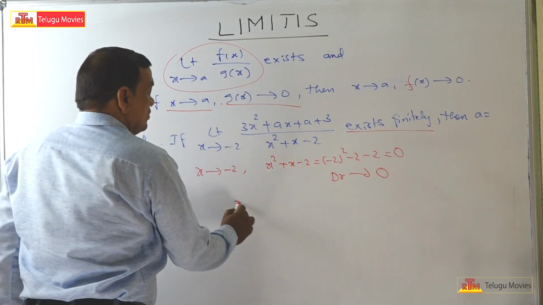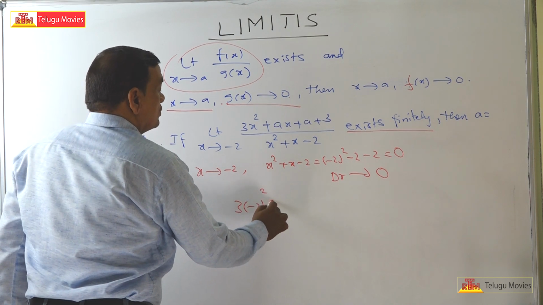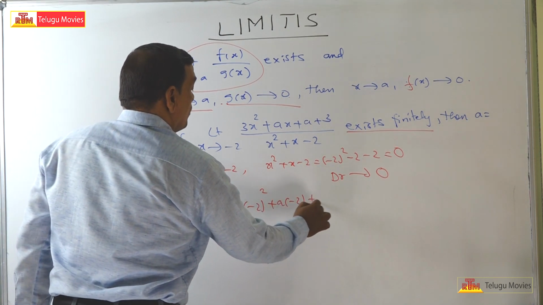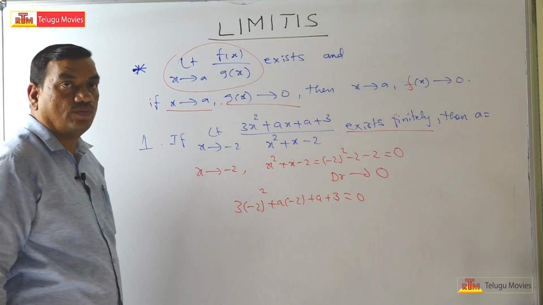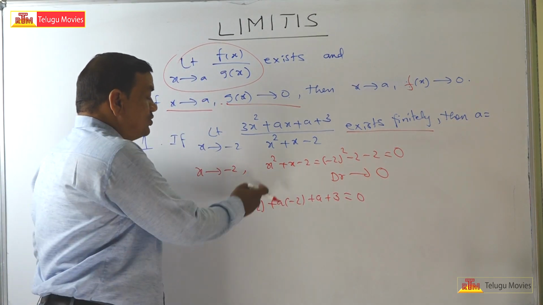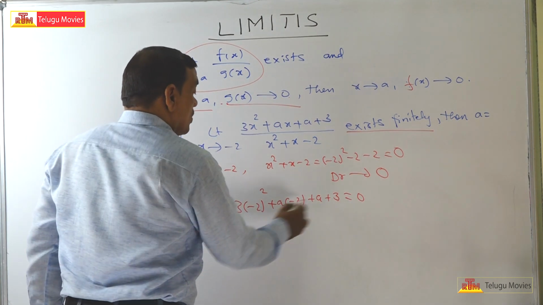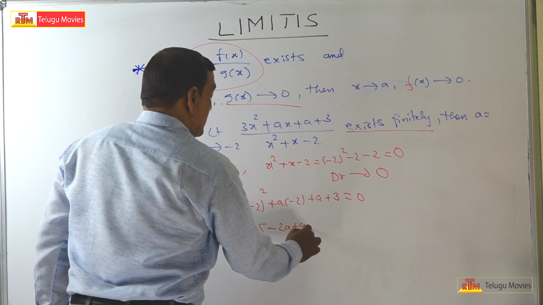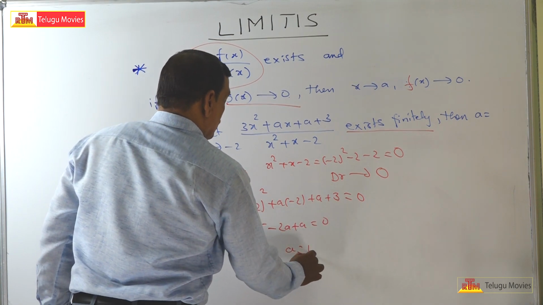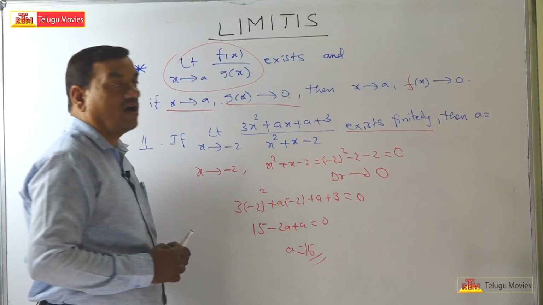That means 3 into minus 2 whole square plus a into minus 2 plus a plus 3 is also 0. Minus 2 whole square is 4, 4 threes are 12, 12 plus 3 is 15, minus 2a plus a, so a is equal to 15. That is your answer.